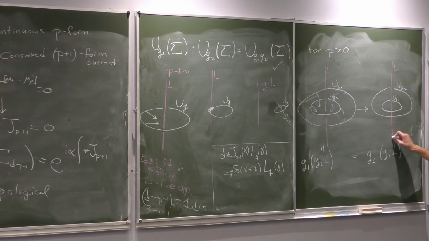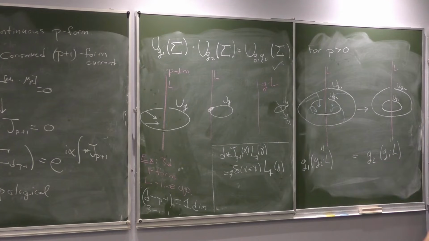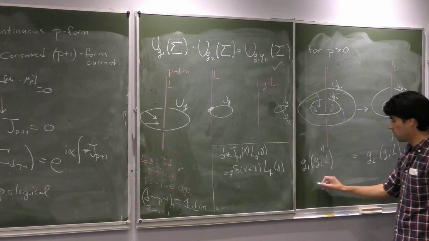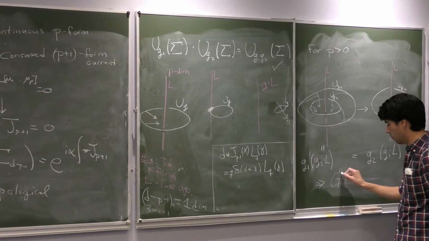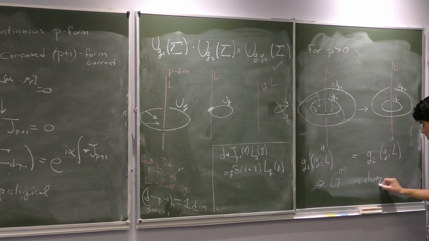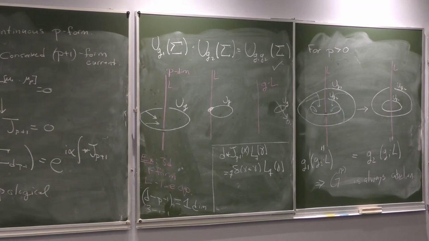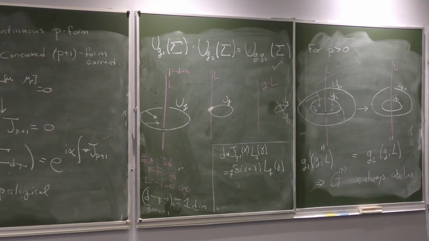So what I've just shown you, though, is that if G1 times G2 is equal to G2 times G1, that implies that G of P is always abelian. And that's just a fact. And there's actually a long and interesting history about this statement.